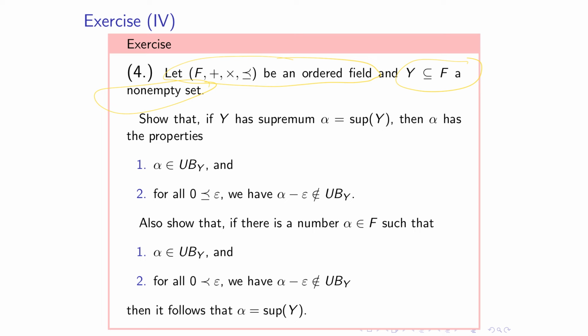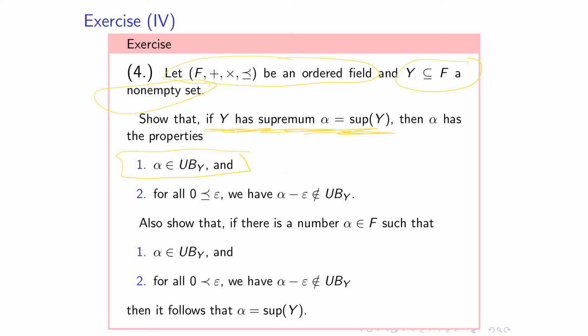So to get started on that, suppose that Y has a supremum, and let's call the supremum alpha. Show that the supremum has the following two properties. It is an upper bound on the set. That's a very trivial property to show that the supremum has.